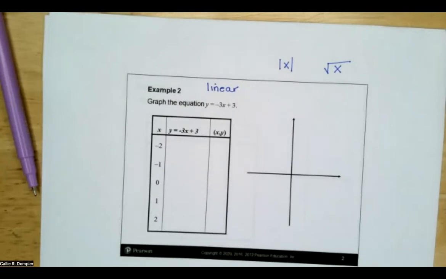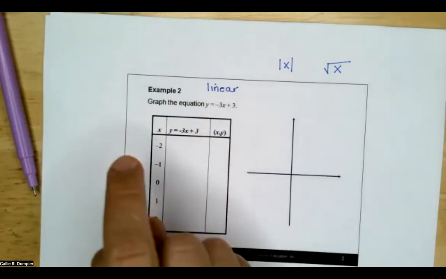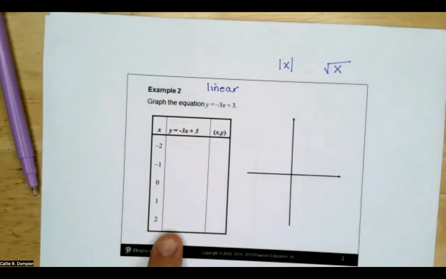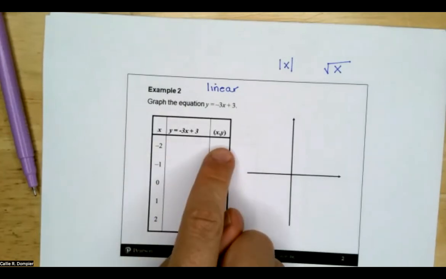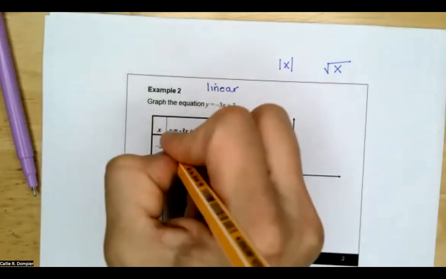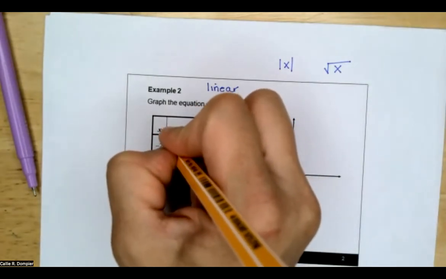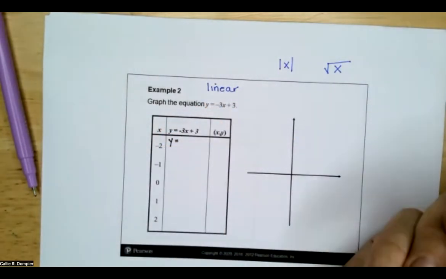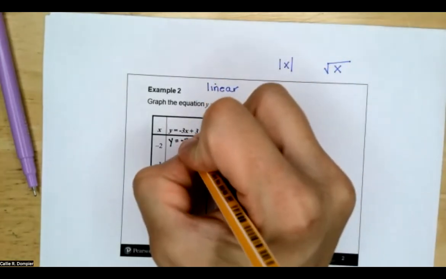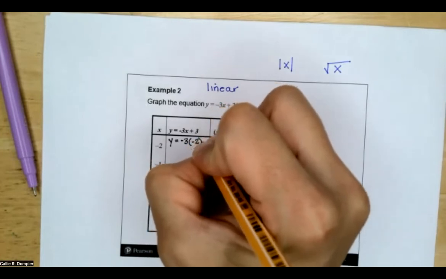Good. All right, so to graph this equation by hand, what you're going to do is find really low values for x, plug them into your equation and find the y. All right. So for example, it's going to be cramped. X is -2. That means y equals -3x plus 3 becomes y equals -3 times -2 plus 3.